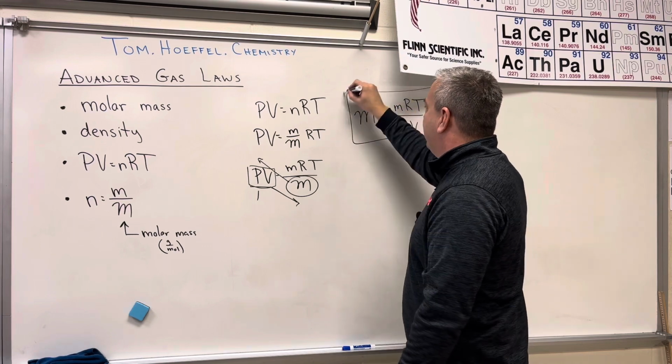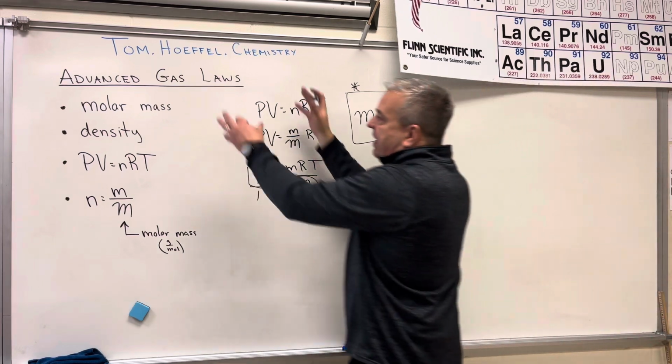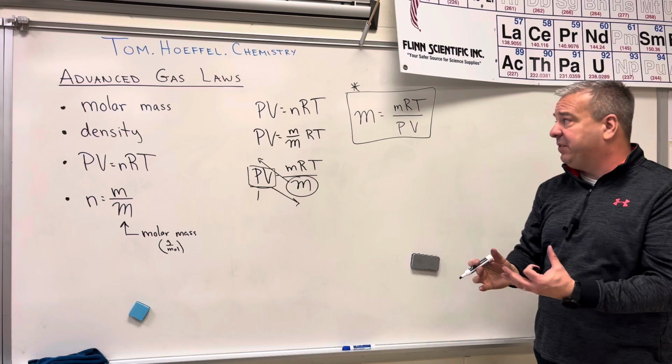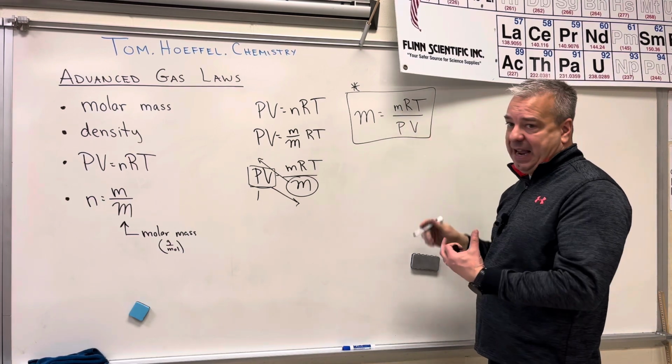And this is an equation that most people are not familiar with, and that's why we call it an advanced gas law. Now we can go a little bit further with this. We can see that mass divided by volume is actually density.